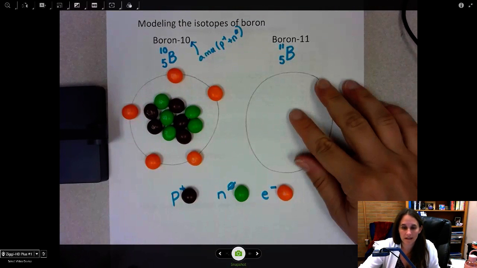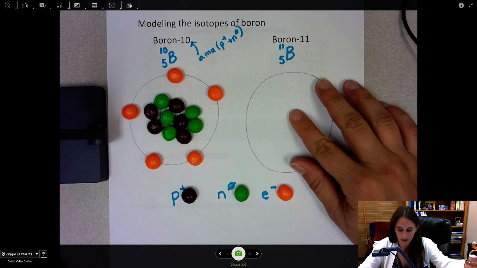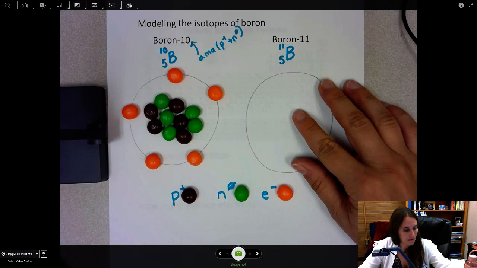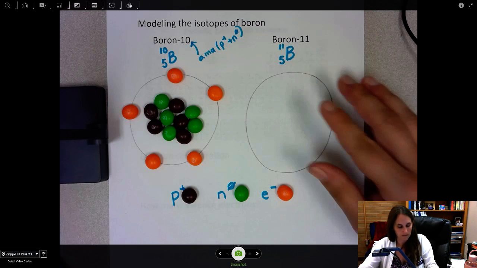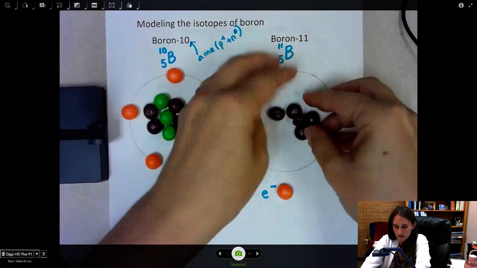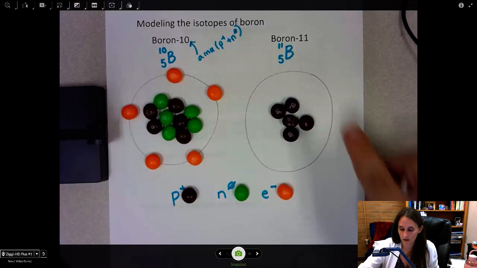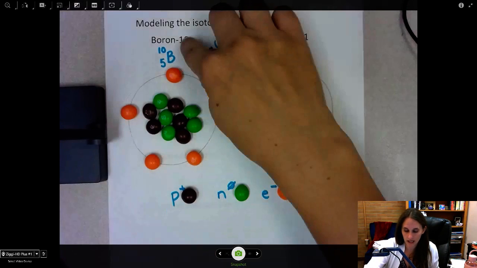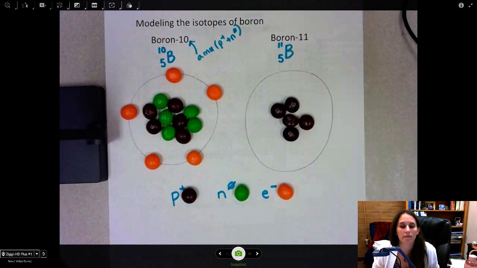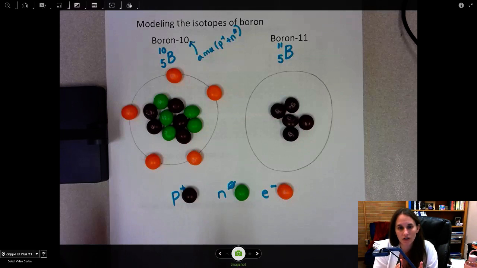Now for boron 11, you're going to notice a lot of that process is going to be the exact same. For boron 11, iso means same. The thing that is the same about them is the number of protons. So boron 11 and boron 10 both have 5 protons. The difference is that boron 11 is just a tiny bit heavier.